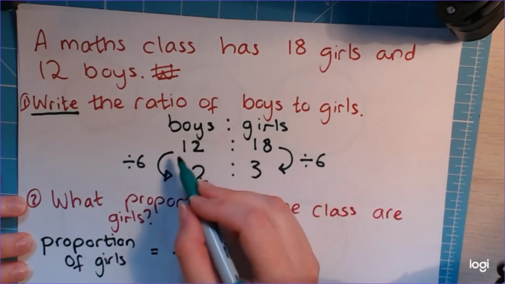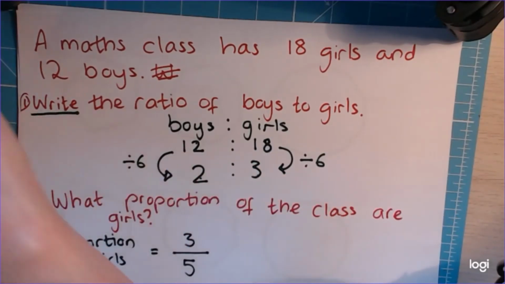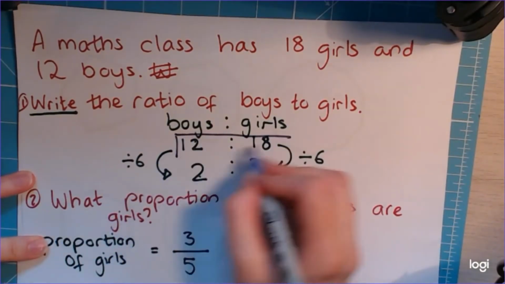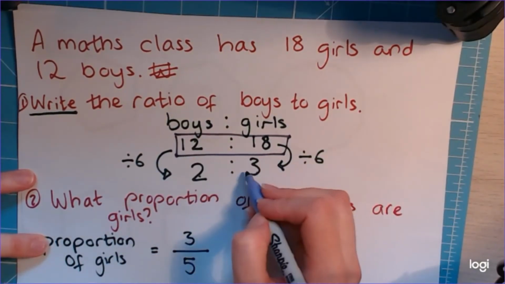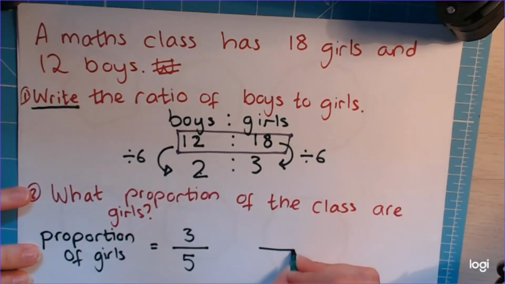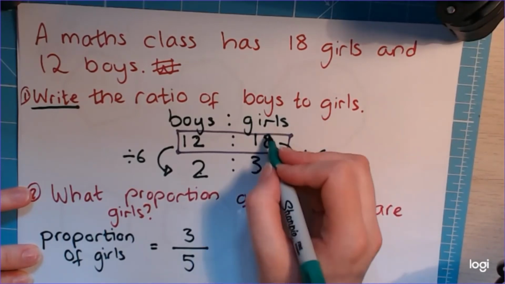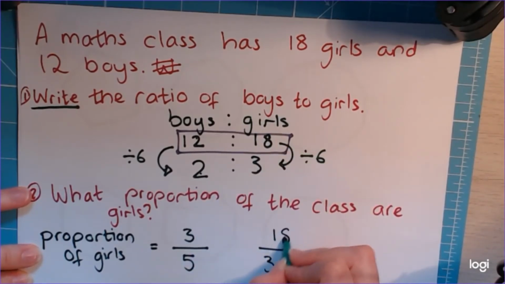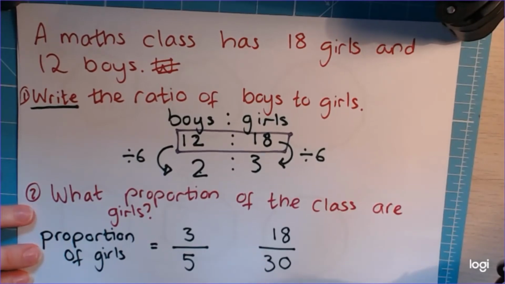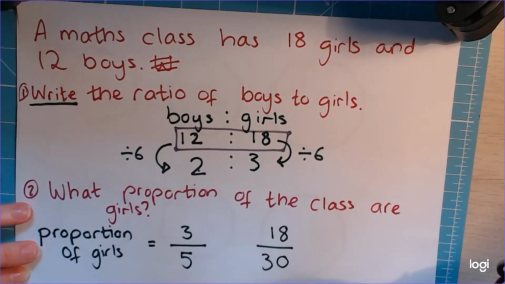So if we looked at this set of numbers here, let's just make those stand out a little bit for a moment. Because how would you know which set of numbers to use? Well, altogether here, we've got 30 students, and 18 of them are the girls. We've got two different fractions. So how do we know which one's right? I wonder if anyone can spot, but actually what we've got here are equivalent fractions.